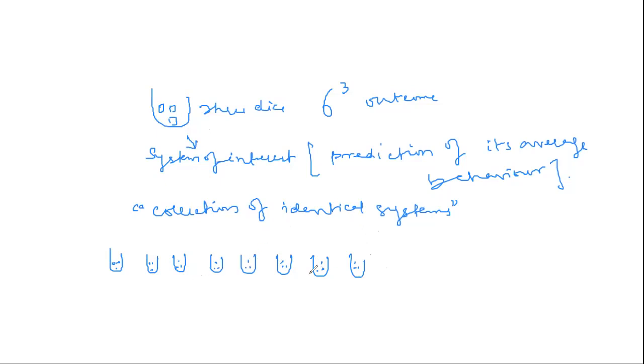You conceptualize a collection of identical systems and focus attention on their outcomes separately. Then average over all the outcomes in this collection of identical systems, and that average behavior corresponds to the average behavior of the system of interest.